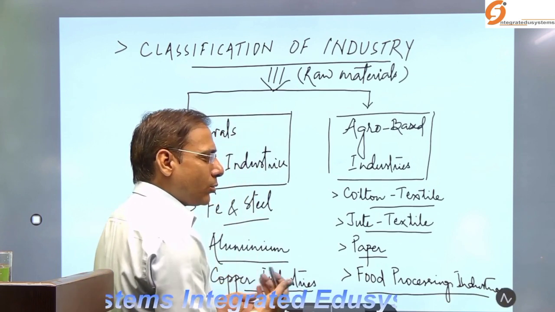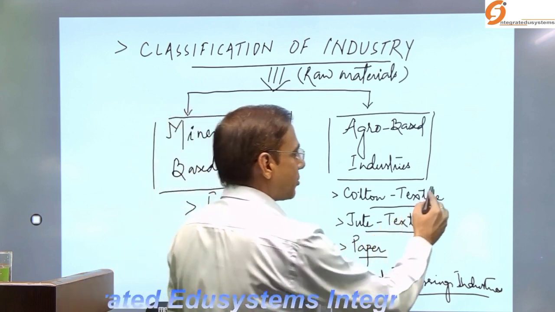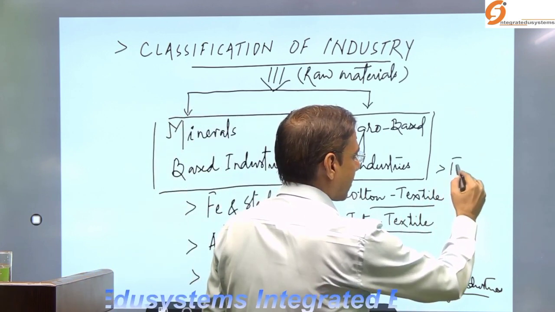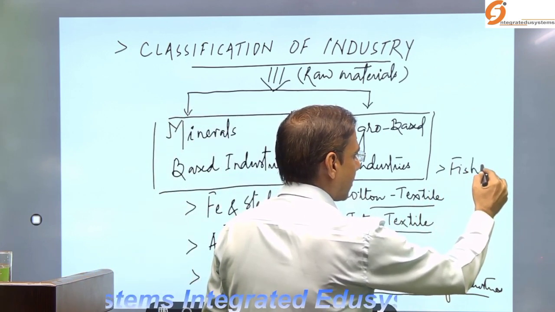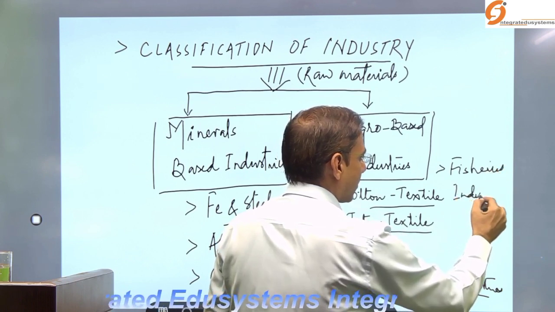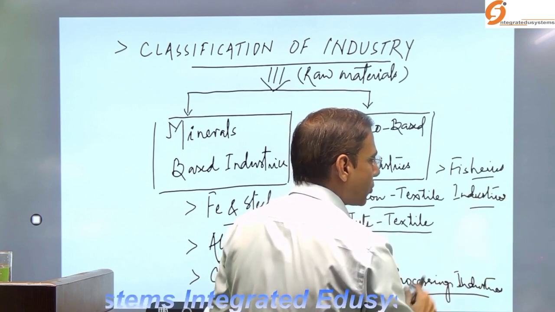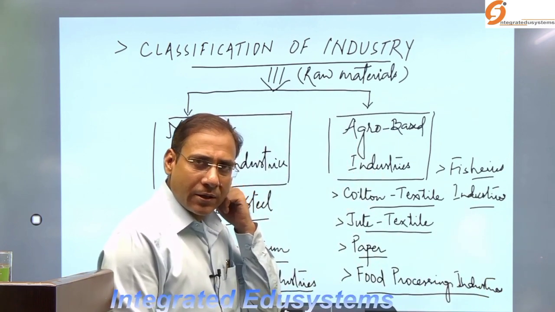Now, as you know, today the people also use the term fishery industries. So fisheries, as you know, is an allied activity in agriculture.